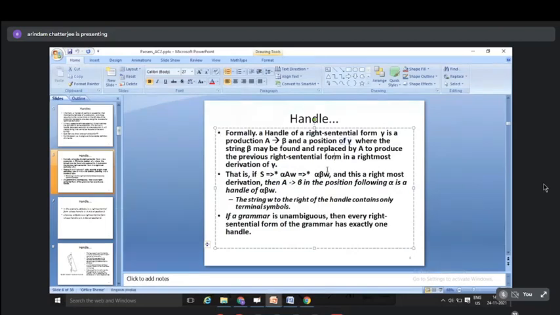So handle is not only a production like this, it is a position also of the sentential form. The moment you replace beta by capital A, you get the previous right sentential form in a rightmost derivation of gamma.